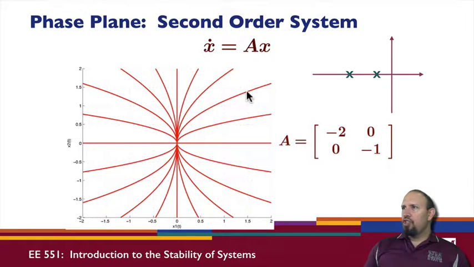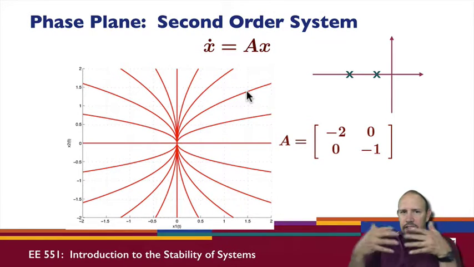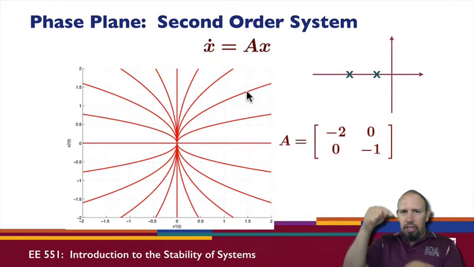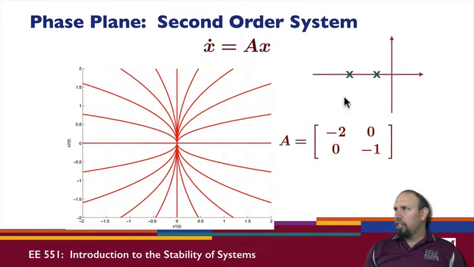Notice that in general, things tend to head in the x direction before heading in the y direction. That's because the eigenvalue for x1 is larger, or rather further to the left, than the eigenvalue for x2.